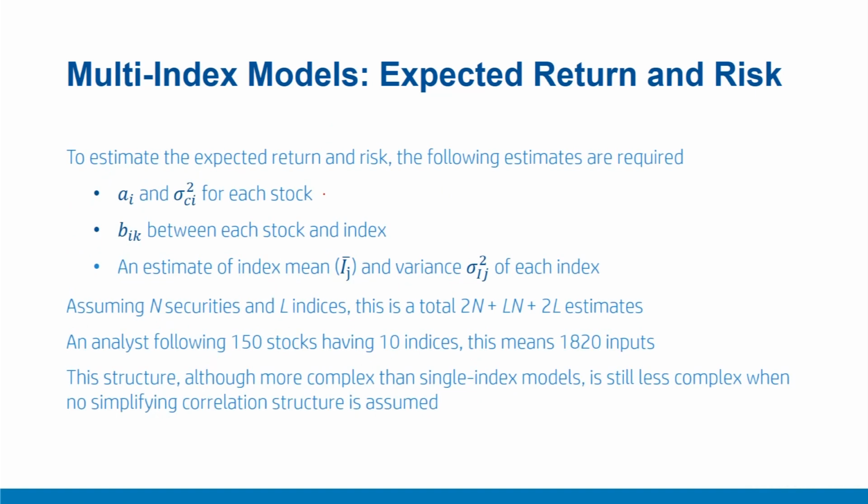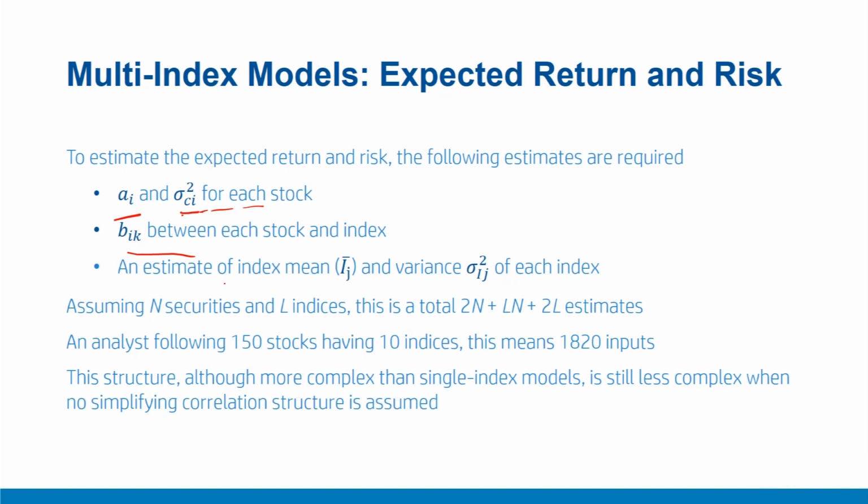Here we can clearly see that the expected return and risk can be estimated for any portfolio if we have the estimates of alpha i for each stock, Bik between each stock and the index, and an estimate of sigma Ci square for each stock, which is the residual variance of the stock.